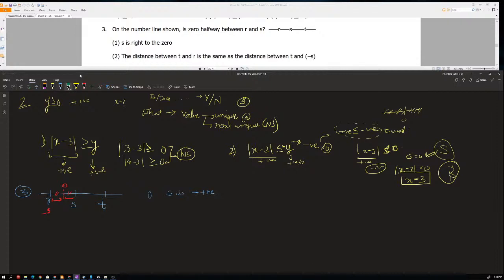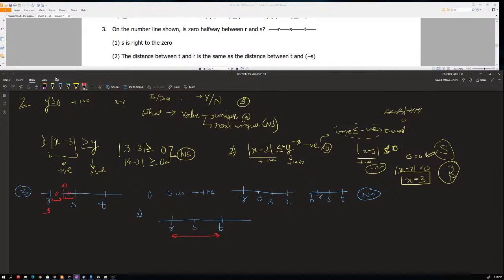I think this is the only situation, because if it has to be halfway, then 0 could be on the right side of T, on the left side of T, or anywhere. So basically we need to find where 0 is.